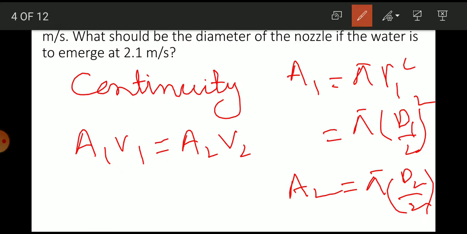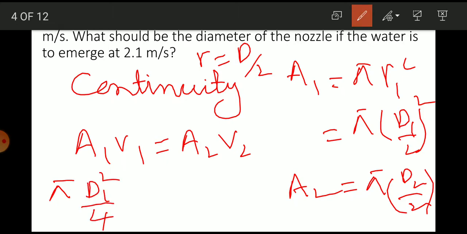Radius is half of diameter, so square of radius, so square of diameter. So pi d1 square divided by 4. When you take the square of this 2, it will become 4, and diameter will become d1 square.